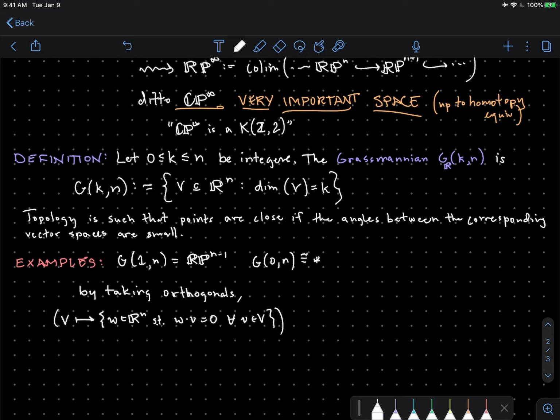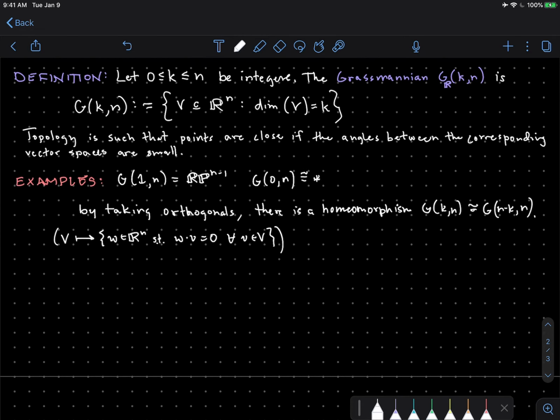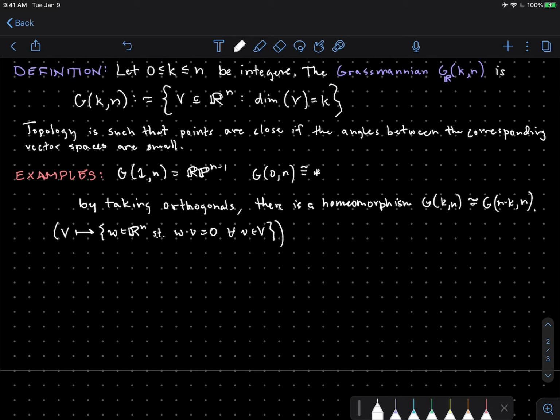By taking orthogonals, there is a homeomorphism of G(k, n) with G(n minus k, n). That's a very important example, and a very important homeomorphism. I'll put that in a box because it's important. All right.